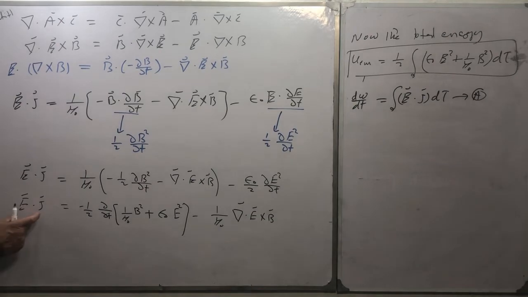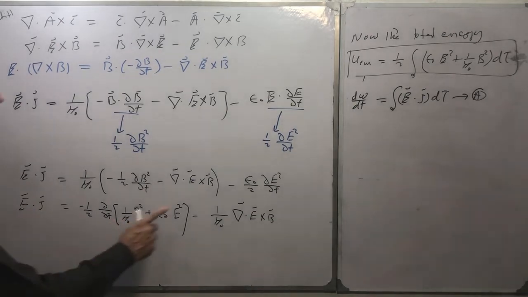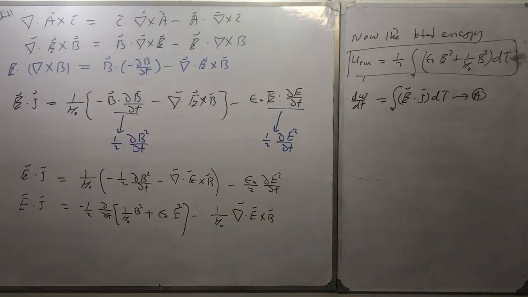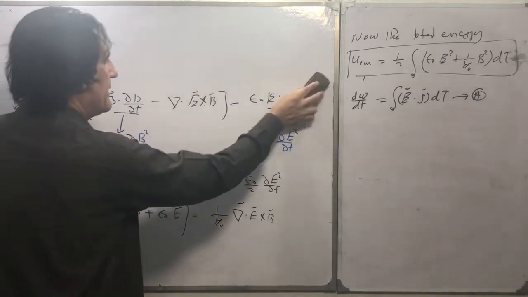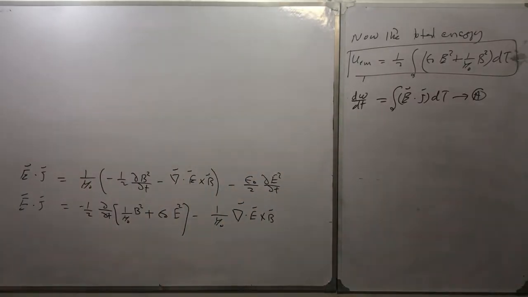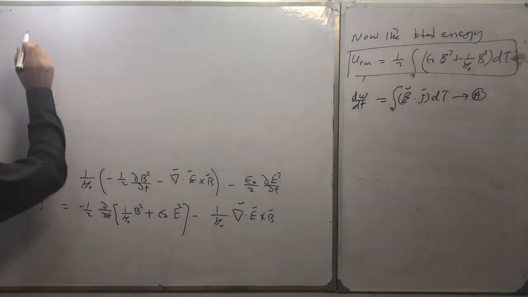Now putting the value of E dot J in this equation A. This is very simple because this is just straightforward mathematics.